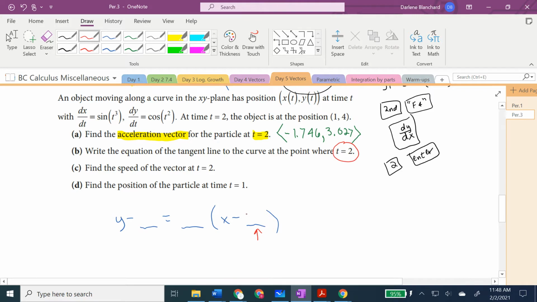You need to have the x coordinate at t equals 2 plugged into that spot, and the y coordinate at t equals 2 plugged into that spot. And lucky you, they told you. Yay!